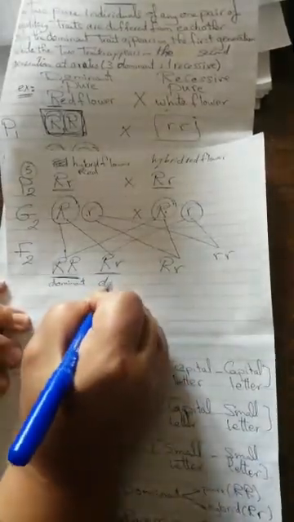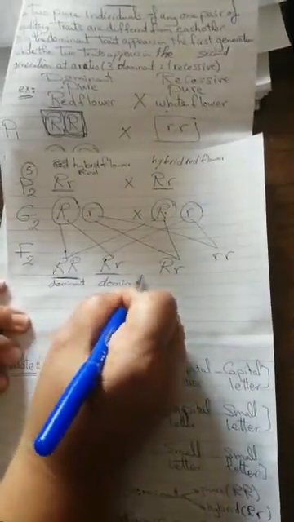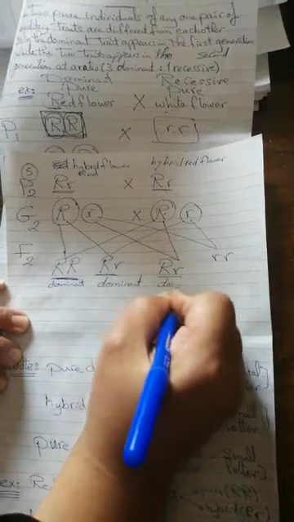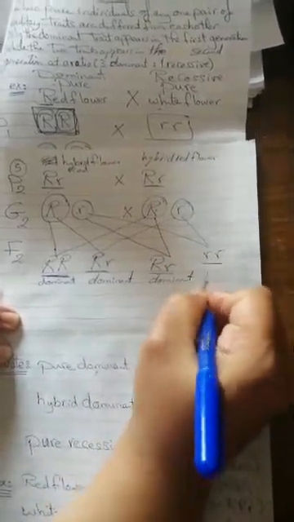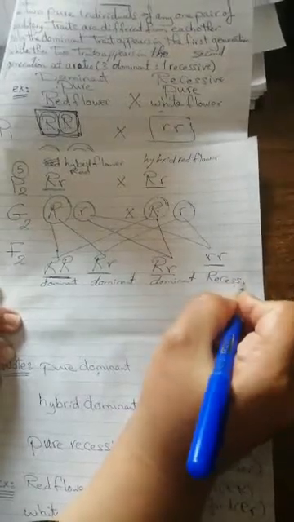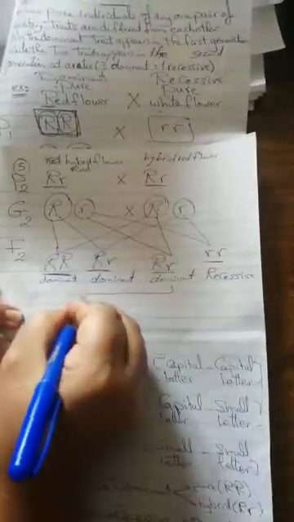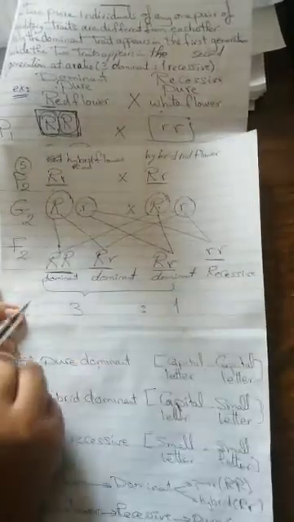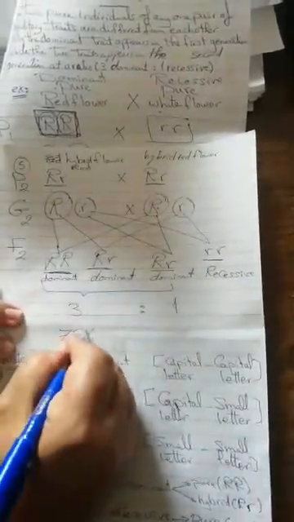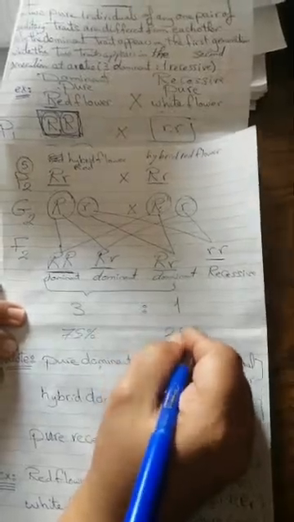What is this? Dominant. I ask myself about each one. What is this? Dominant. And what is this? Recessive. So here, what is the ratio? 3 dominant to 1 recessive, or 75% to 25%.